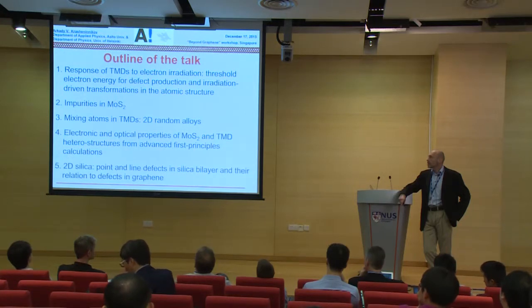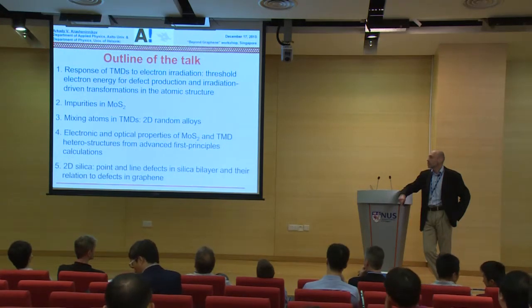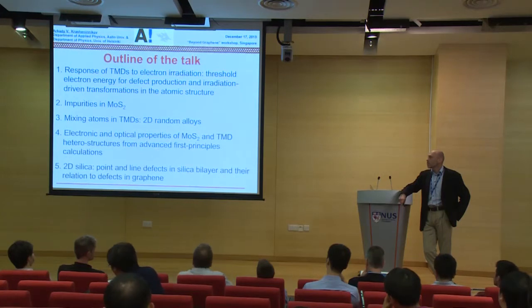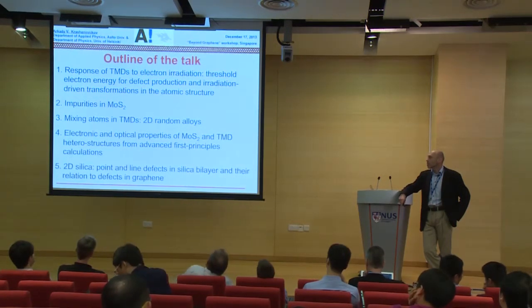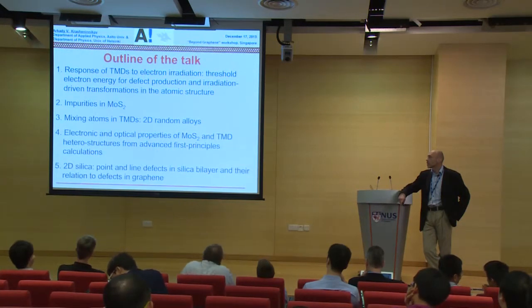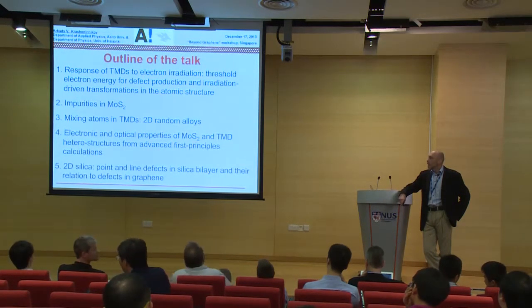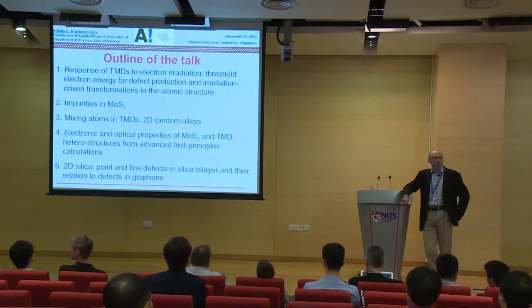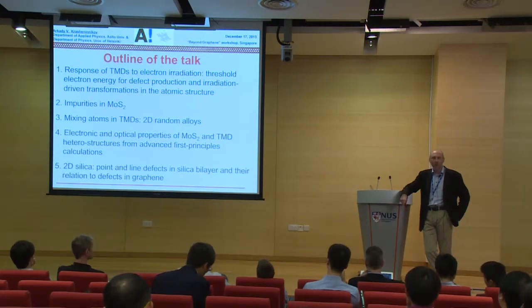Then about the ultimate limit of impurities, basically mixed materials to random alloys, 2D alloys. And then a little bit about advanced calculations for the electronic structure of molybdenum disulphide and heterostructures. And at the end, a little bit about 2D silica. It's not silicene, it's 2D silica, SiO2.